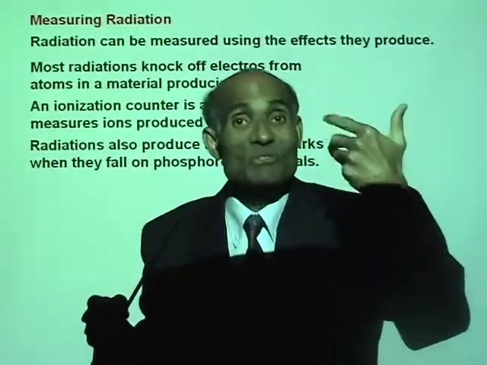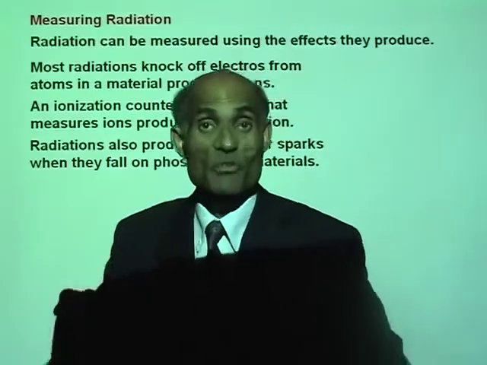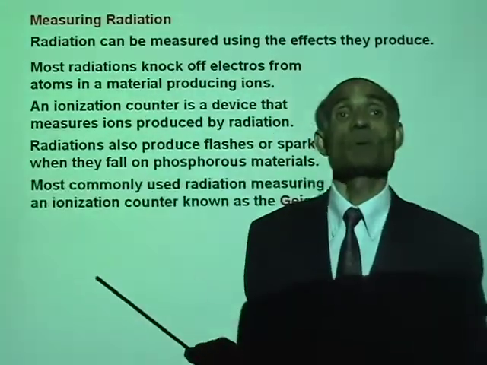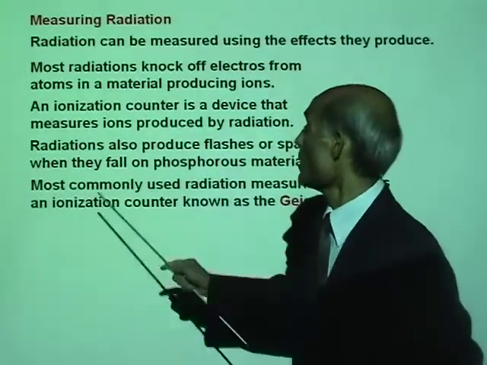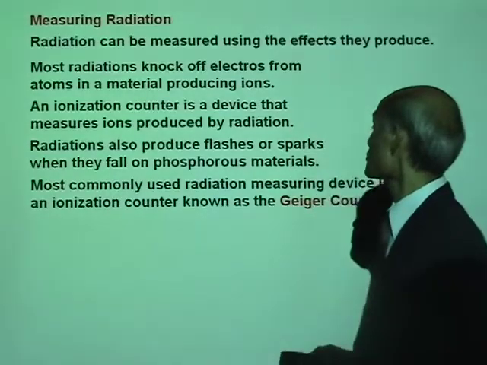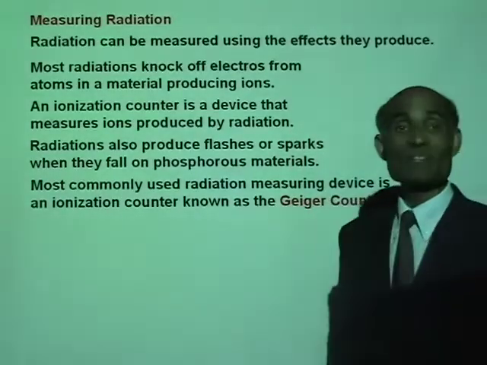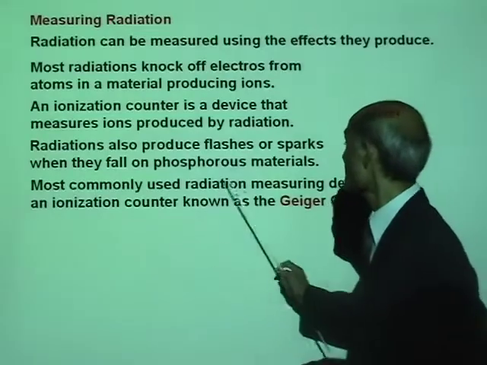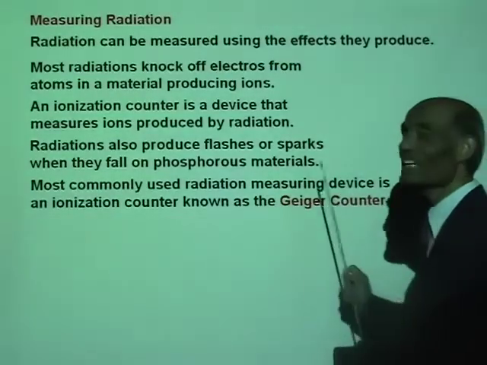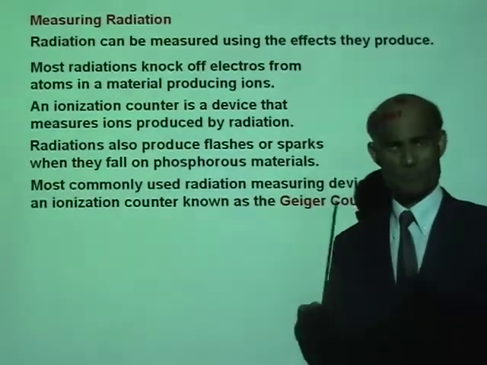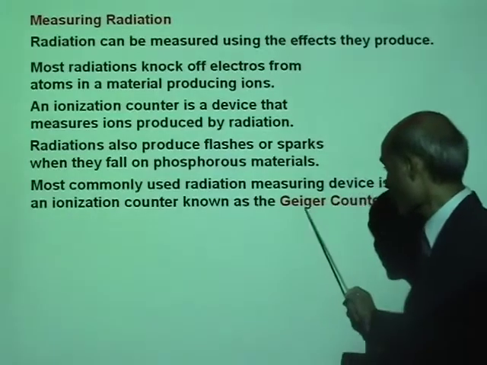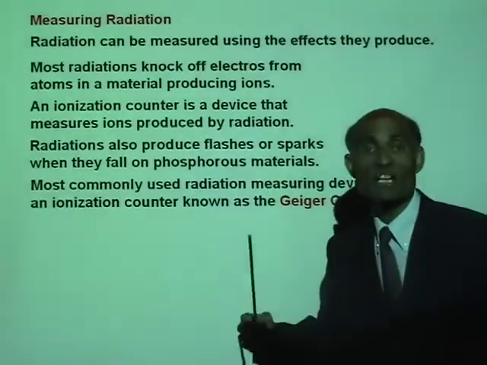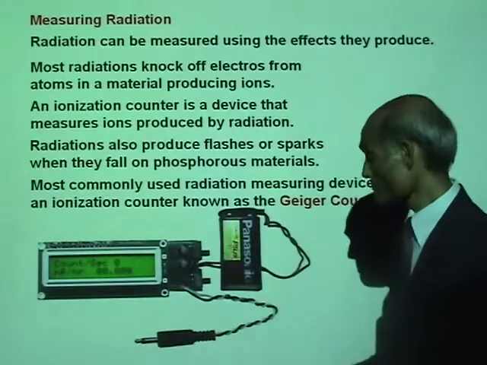That way you can actually count it. So there are many ways of measuring radiations. The most commonly used radiation measuring device is a counter known as the Geiger counter, because it is the scientist Geiger who developed it.